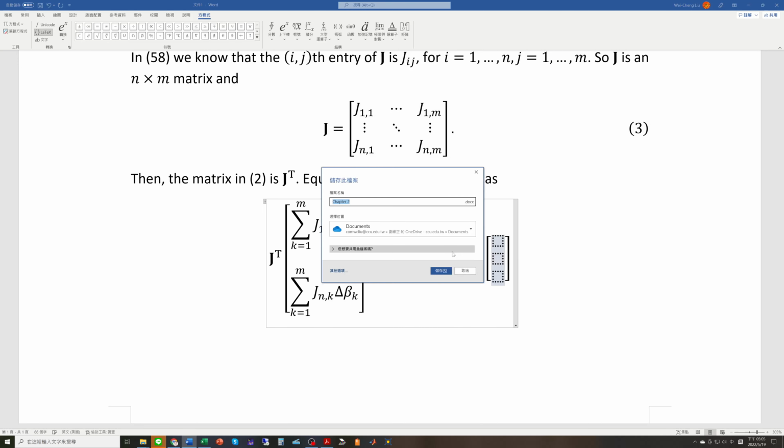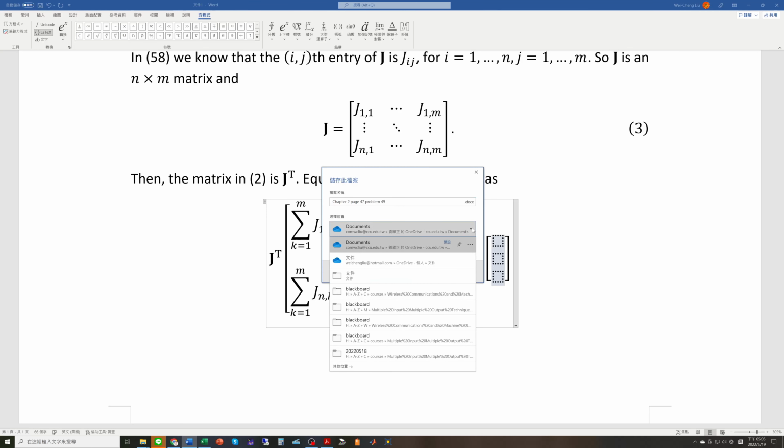Like this. Let me save this file, page 47 and problem 49, and save to the blackboard.